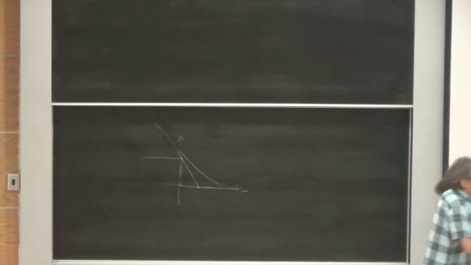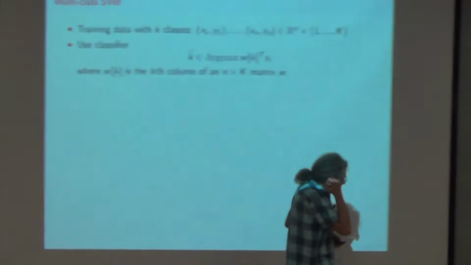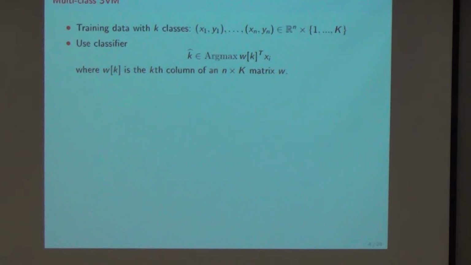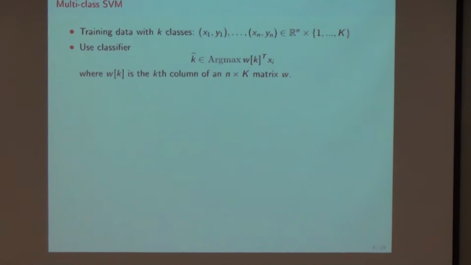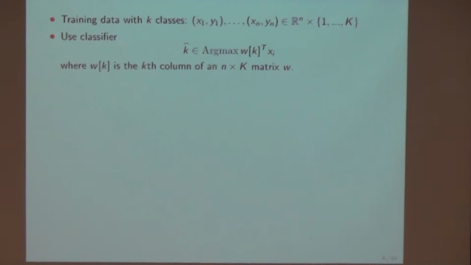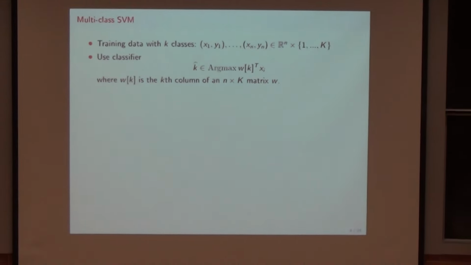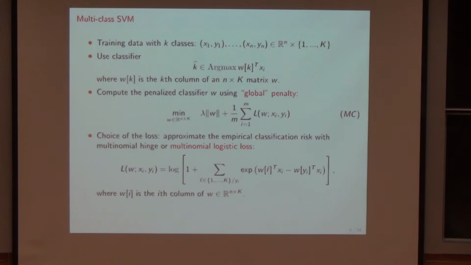You can extend this to multi-class classification. The primal thing you can do is to use a one versus the rest classifier, or you can do something smarter by introducing the classification matrix W, so now the classifier will be a matrix.